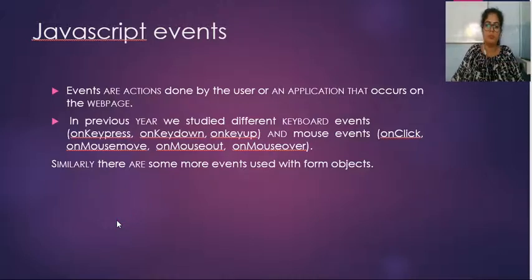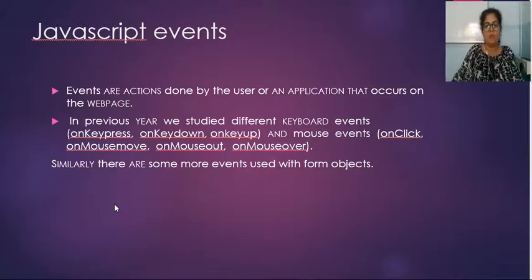On mouse move: when you move the mouse over that content, it performs the event. Next is on mouse out. On mouse out means when you move your cursor out from that part, the event occurs.